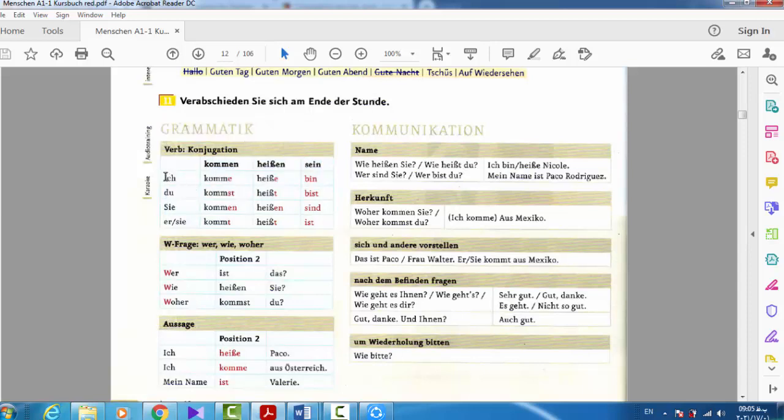As you see here, the subjects are listed: ich, du, er, sie, or Sie. And the verbs for these subjects: the verbs sein, heißen, and kommen. In this video I just focus on the verb sein.